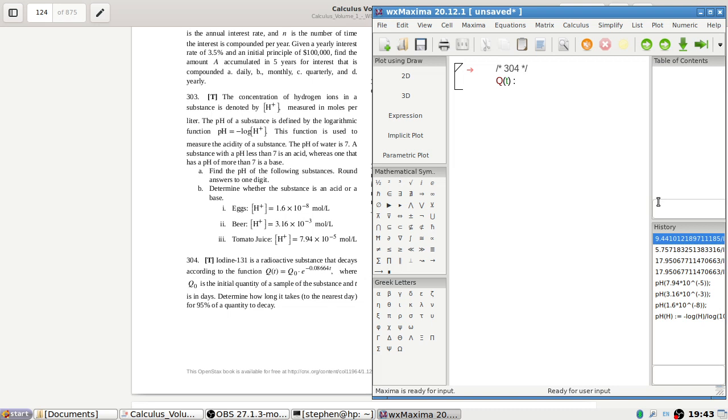So we'll measure it in percent. 0.08664 times T. Determine how long it takes to the nearest day for 95% of a quantity to decay. So left with 5%, I would have thought.